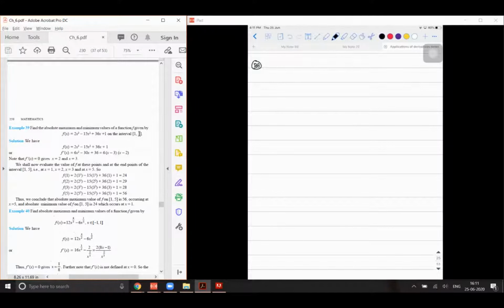Find the absolute maximum and minimum value of the function f of x. So what is the function? F of x is equal to 2x cube minus 15x square plus 36x plus 1. Right. So if you observe the interval in which they are asking you to check is the closed interval 1 comma 5. So in the closed interval 1 comma 5, you need to verify what is the maximum and the minimum value.